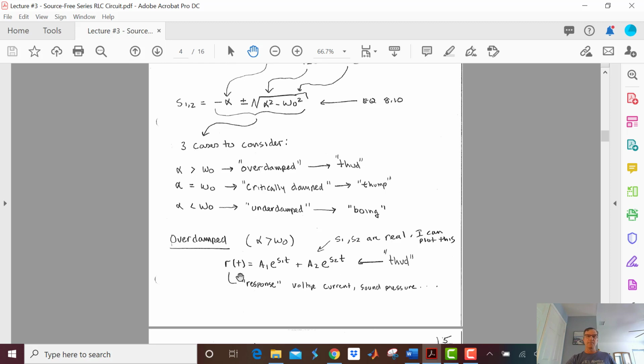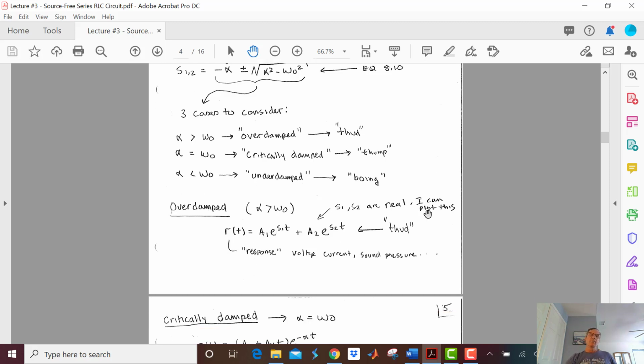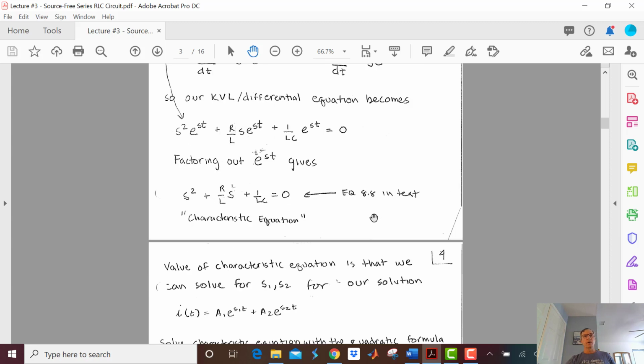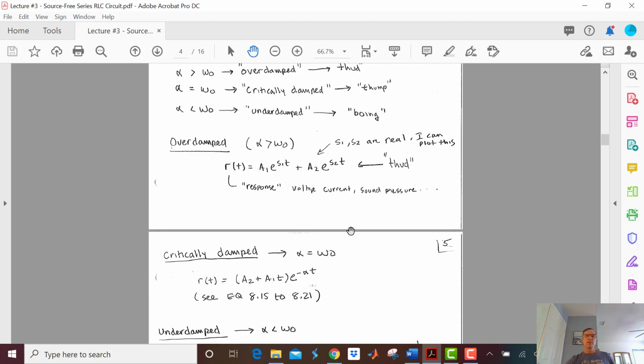We got a thud. Before I continue, I want to mention that I changed from I to R. We started by looking at a current, but I want to generalize a little. Instead of saying current or voltage, it could also be sound pressure, or the position of the shock absorber on the back of the car, all kinds of things.